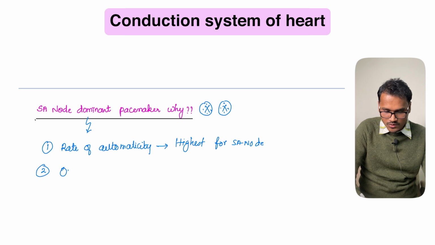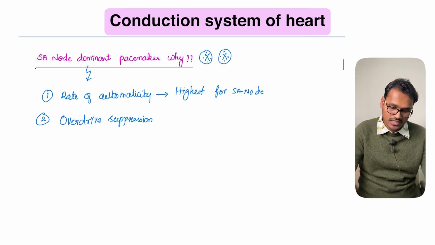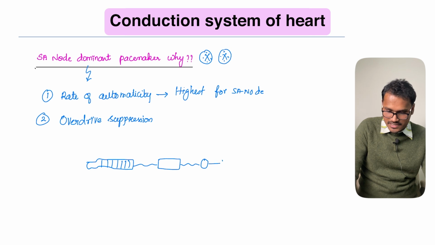So what is this overdrive suppression? I will tell you with an example, then it might be clearer. Imagine a train with multiple boxes in it, and suppose it is connected to a car. Let's say the second one is a car, and it is connected to a bicycle.